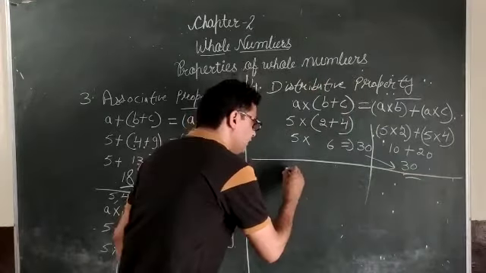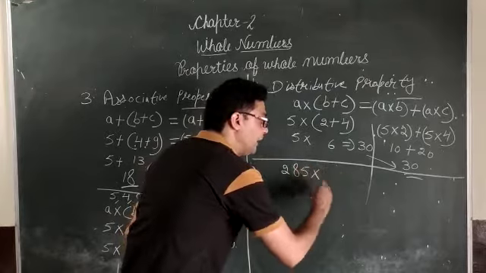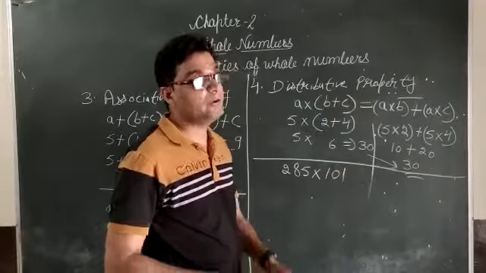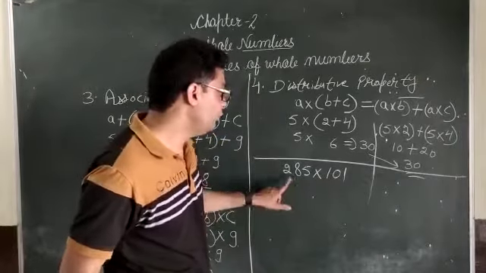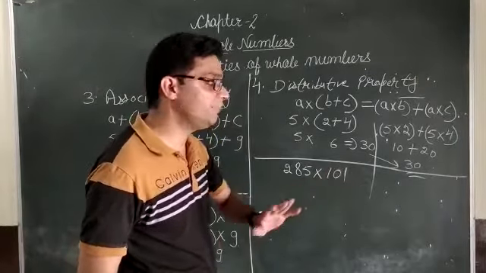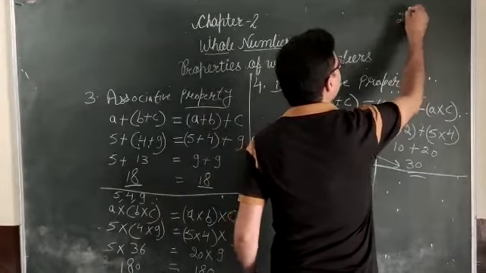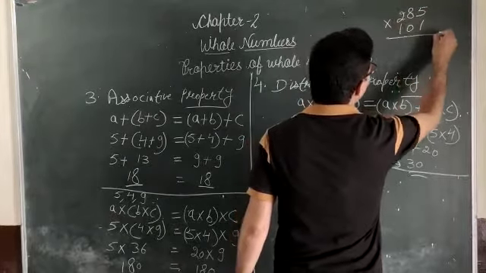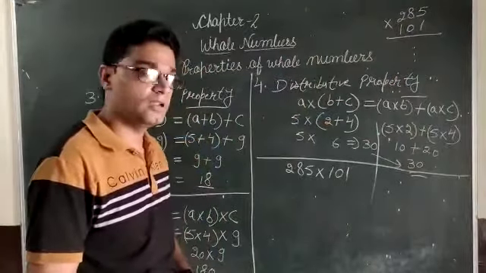Suppose beta, here one number is given, 285. You have to multiply by 101. Now you think, generally what to do? 285 we will multiply with 101 in this way. So a very big multiplication will be here, isn't it?